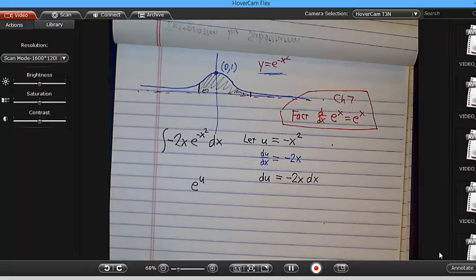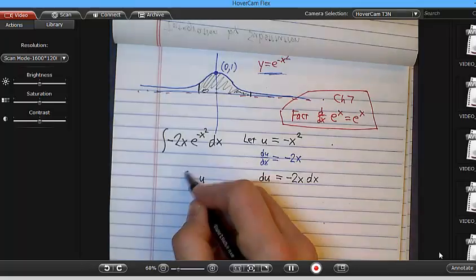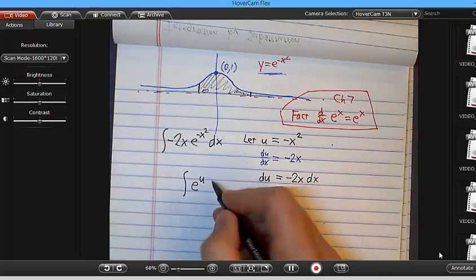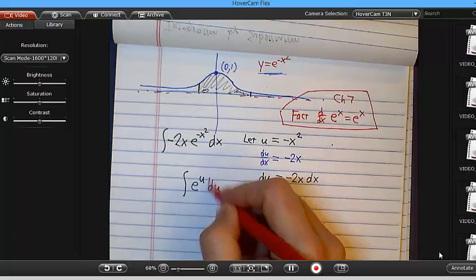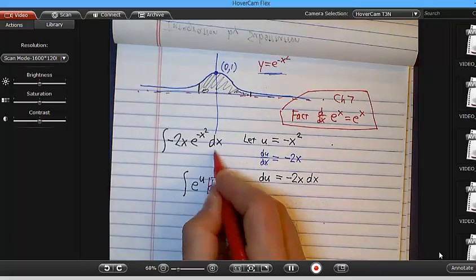That's okay? All right. So I'm trying to rewrite the integral. And so I claim that we can rewrite the integral as the integral of e to the u du. Why did I say we can do that? The real thing to check here is, do I have du? Well, I do, because du is negative 2x dx.